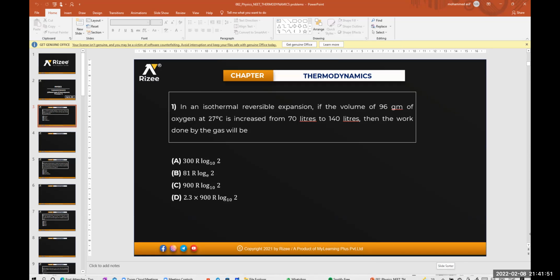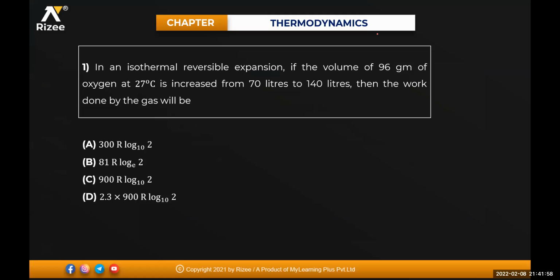Are you able to see the screen? Anyone please respond? Nandini?